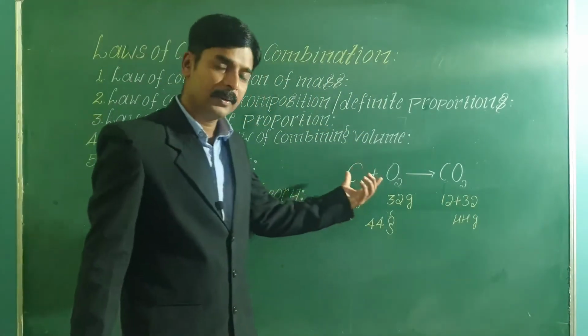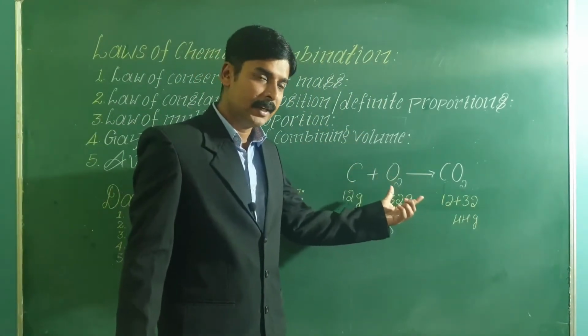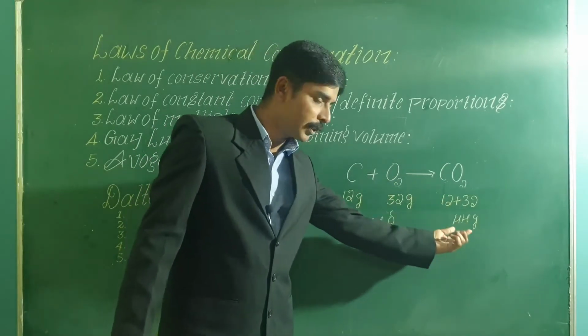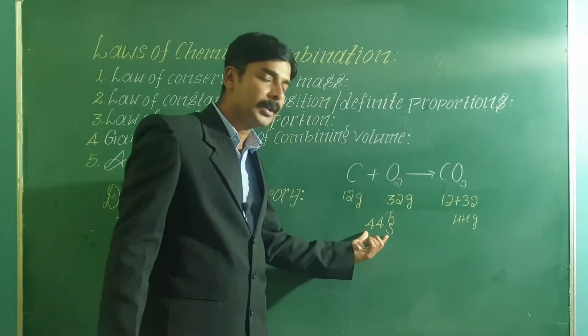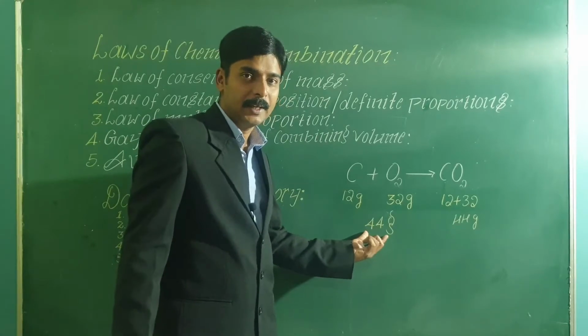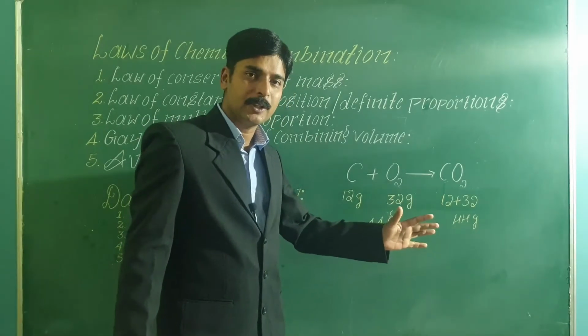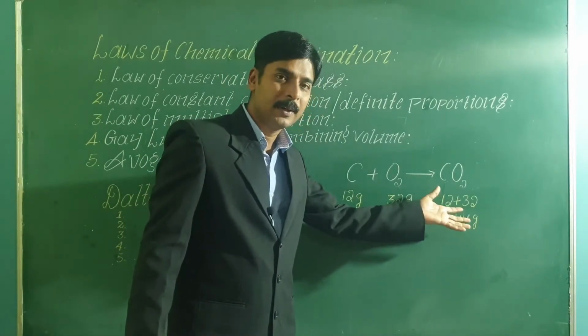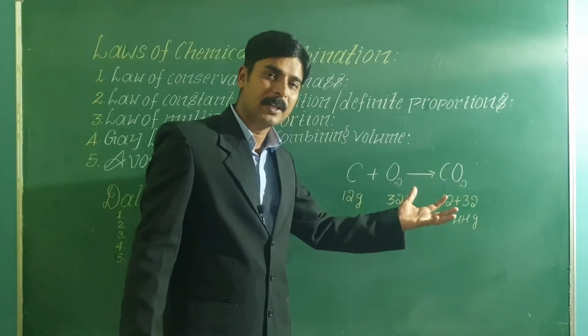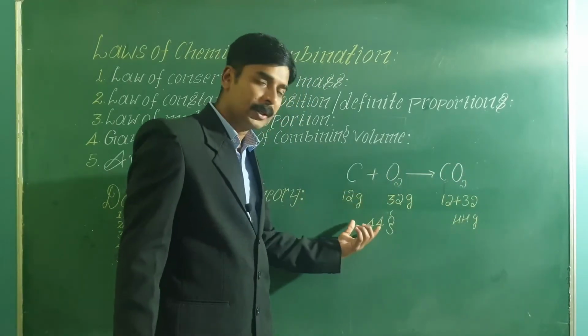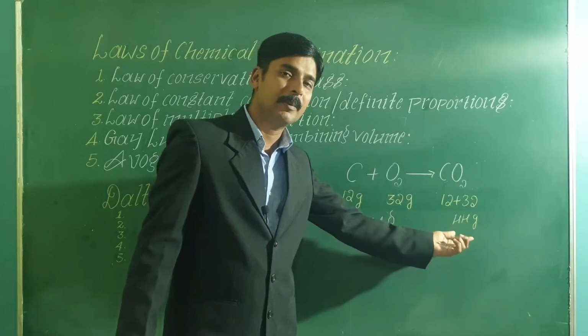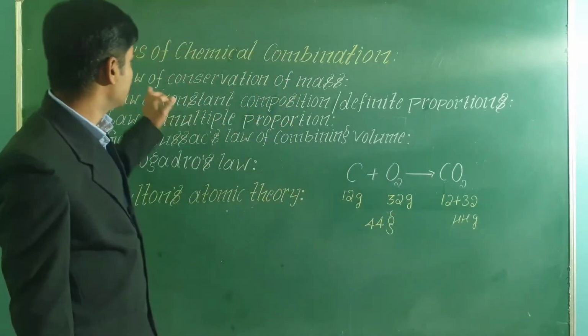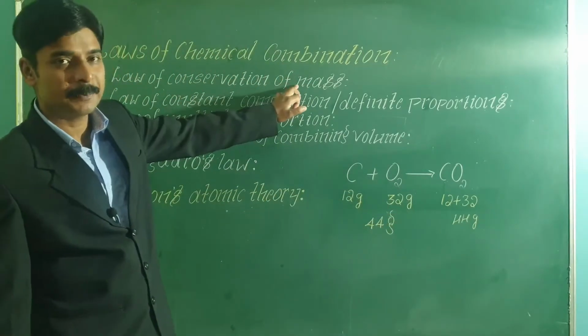So in all physical and chemical changes, the total mass of the products formed will be equal to the total mass of the reactants. There will be no situation where 1 gram will be extra or 1 gram will be less. So the total mass of the reactants is equal to the total mass of the products. How can you state the law of conservation of mass?